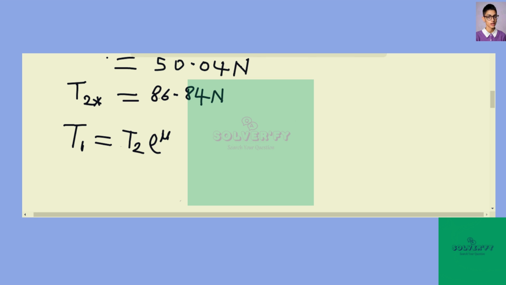The angle of wrap there is 180 degrees. Making T2 the subject of the formula, we have T1 times e to the power of minus mu times pi, where the coefficient of friction between the belt and the pulley is 0.1 and the angle of wrap is 180 degrees, which is pi.